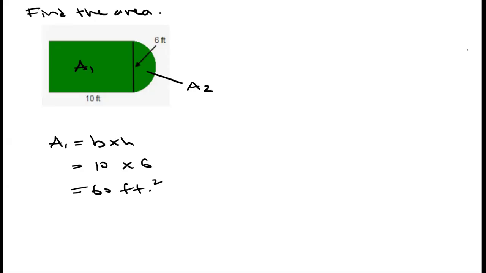Now for the A2, to find the area, we need to use the area of a circle, right? So that would be pi r squared. In this case, what is the radius here? 3, right?